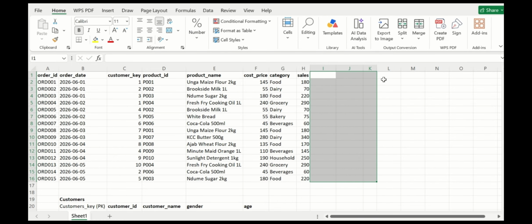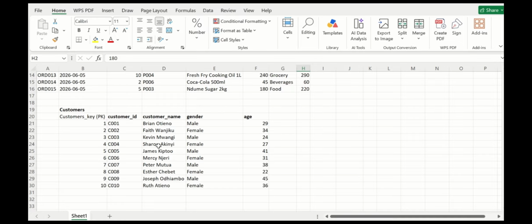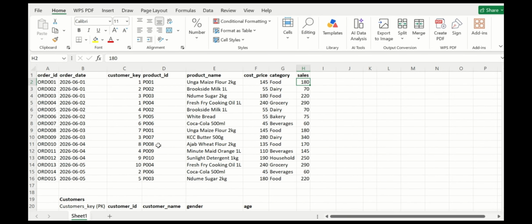So now we have successfully removed the customer details from this orders table.